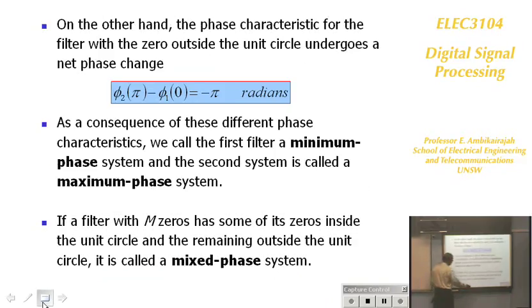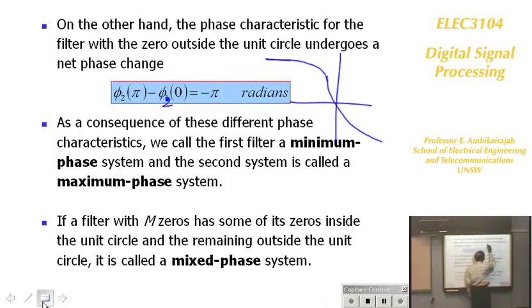And if you go and do the same thing for the second one, that's phi 2. The second phase is like that, right? That's pi, and that's minus pi here. Sorry, that's plus pi here, and that's also pi, and that's also minus pi.